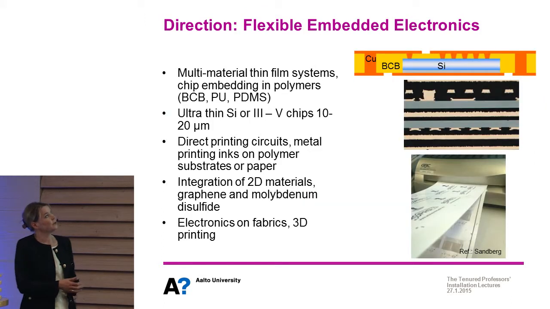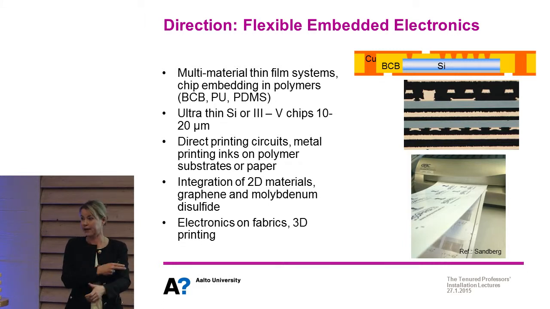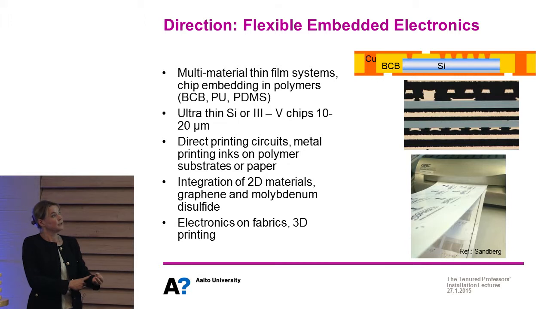Another direction, flexible electronics, not always. We want to have everything in a very small area. We might want to have the electronics spread in a large area, in fact, but it should be invisible, it should be flexible, it has to be integrated in fabrics or in clothing.